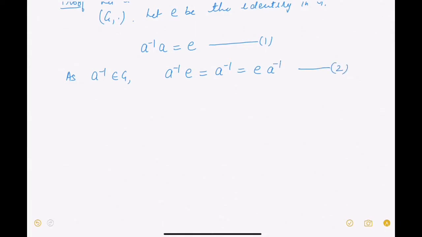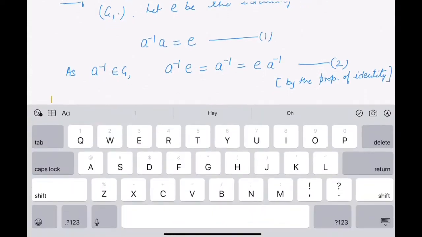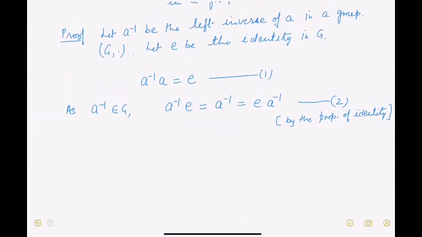This is by the property of the identity element, and 1 is due to the fact that A inverse is the left inverse of A.